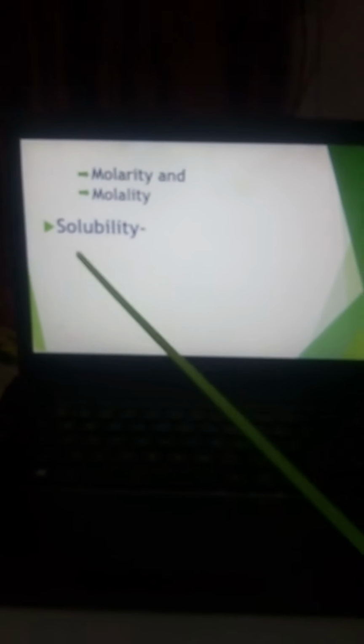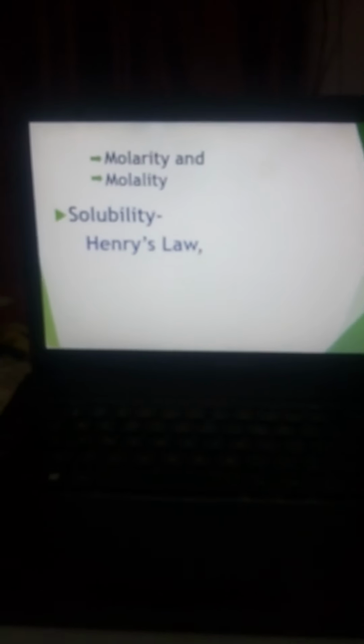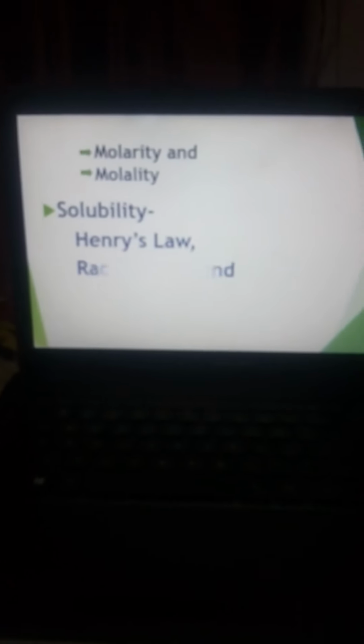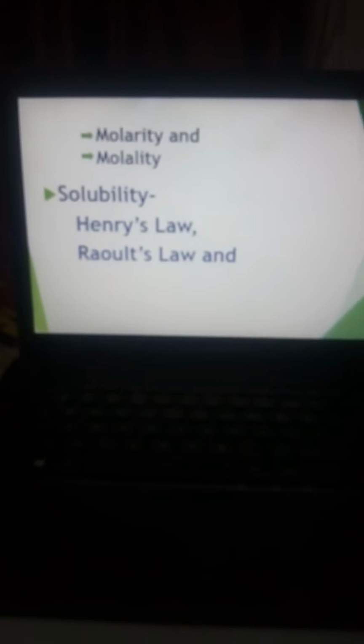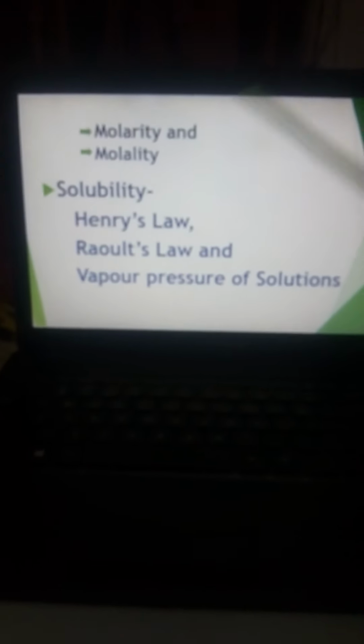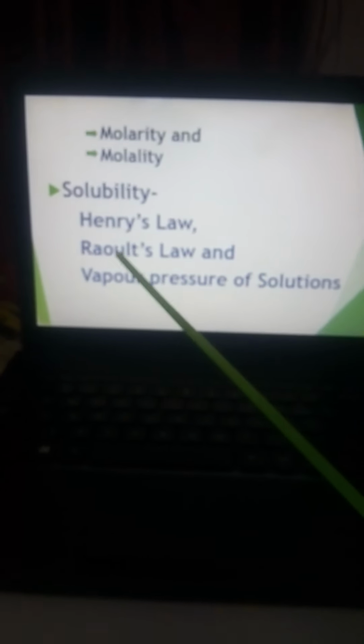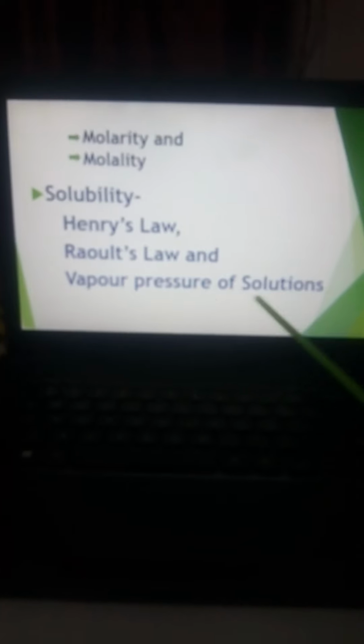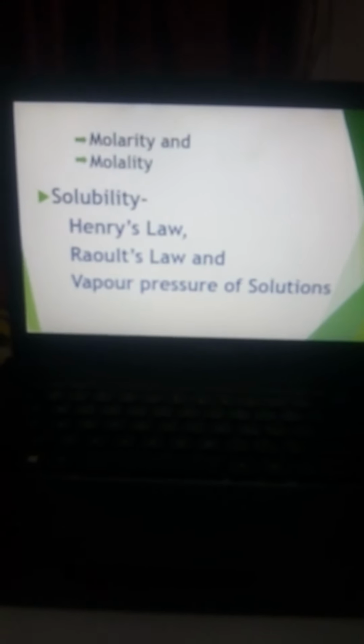Another topic is solubility, and under this we have to discuss Henry's law, Raoult's law, and vapor pressure of solution. Next, ideal and non-ideal solutions: what are ideal and non-ideal solutions?